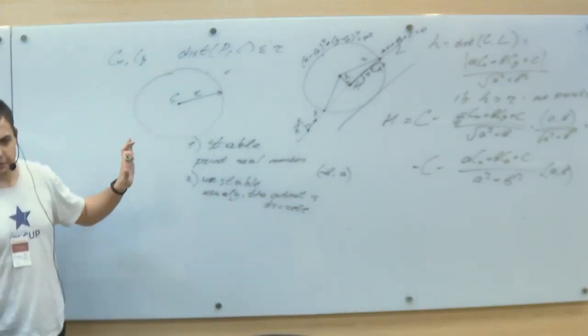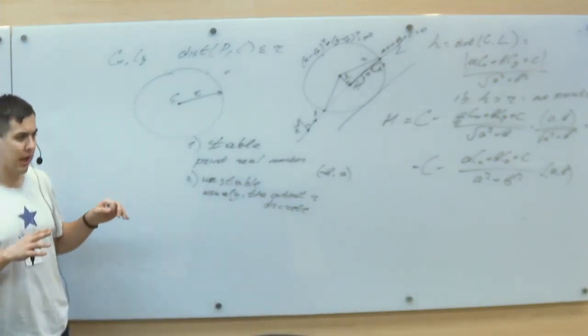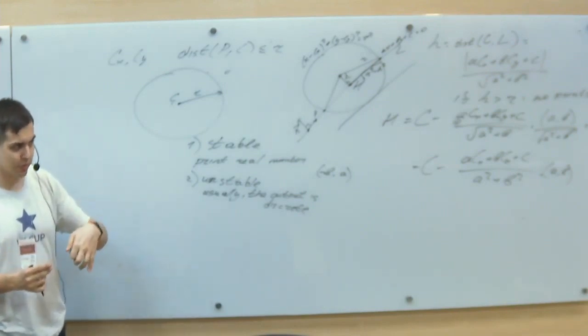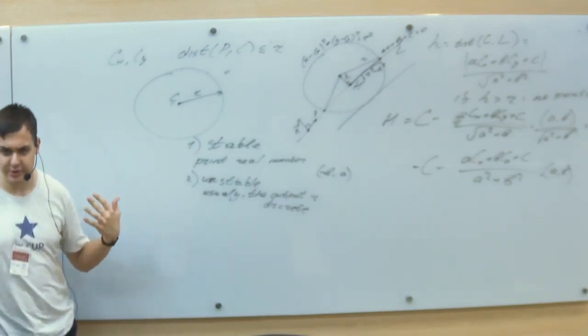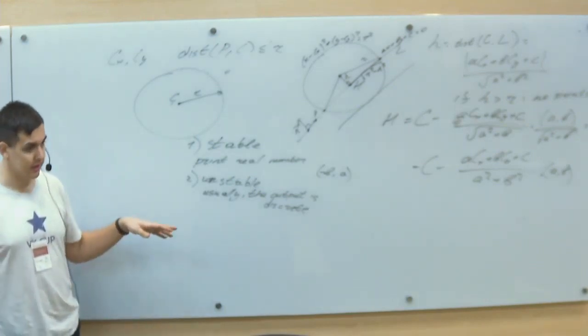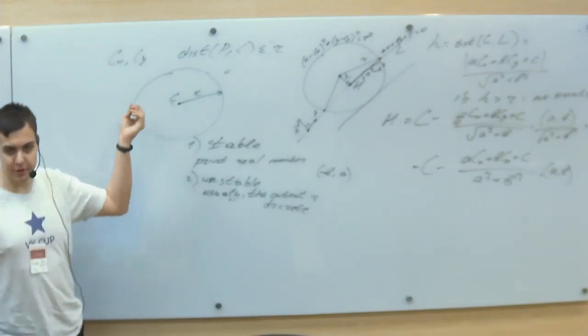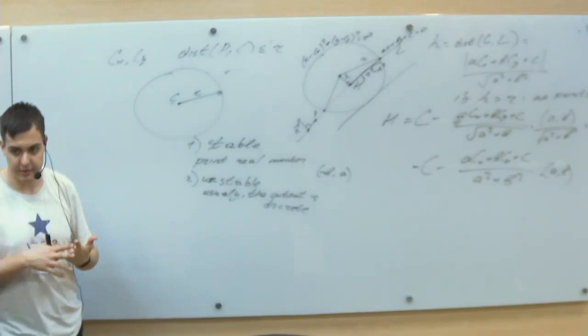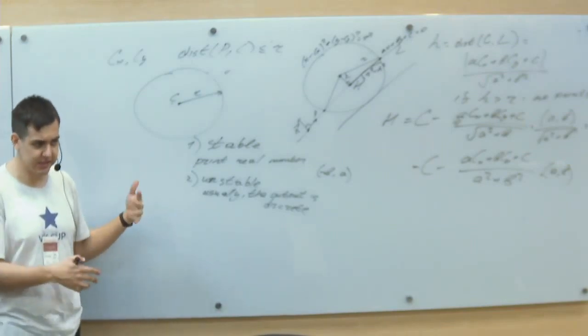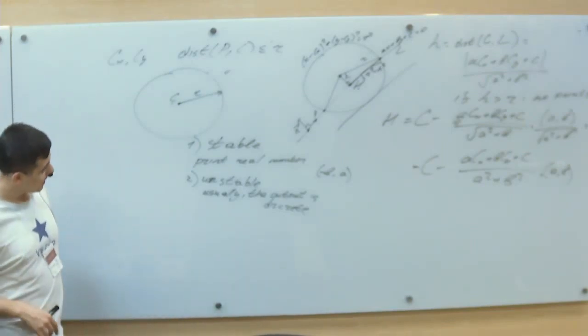So for stable problems, it's usually fine to have all your computations in doubles or long doubles, and you can probably even use something like binary search or ternary search to find the best point, like the point that minimizes the sum of distances, for example.